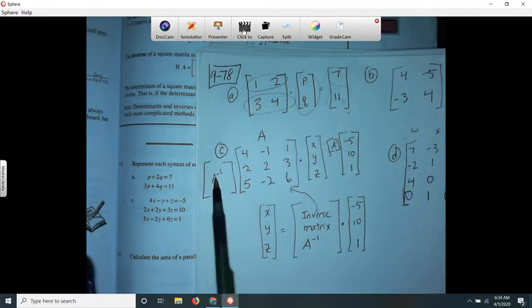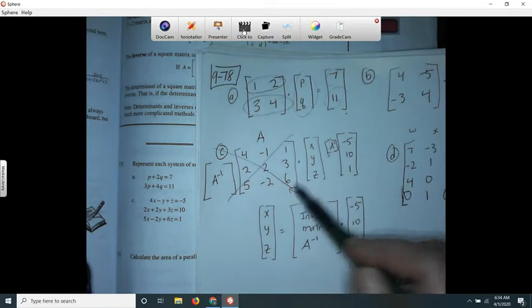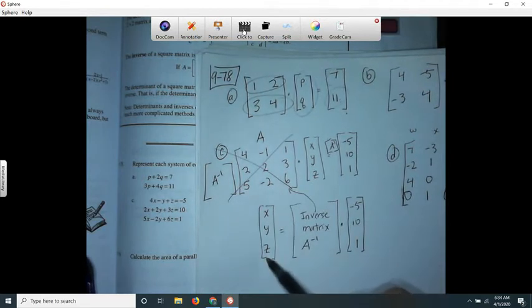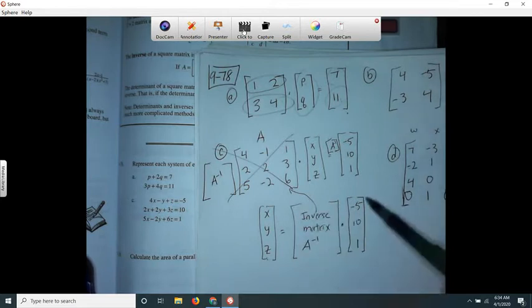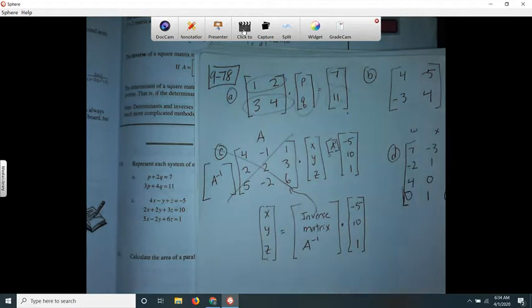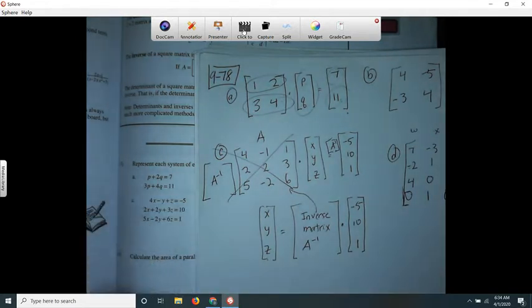If I multiply A inverse by A, they will cancel out and leave me x, y, z. Now I'm going to multiply the right-hand side by A inverse. I'm not writing out the inverse matrix A because it's probably some horrible looking thing with decimals. But here's how I get my matrix calculator.